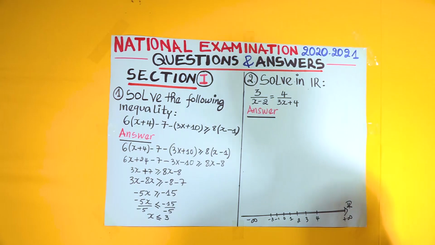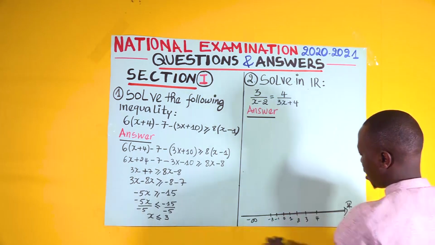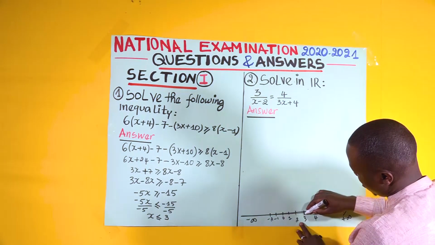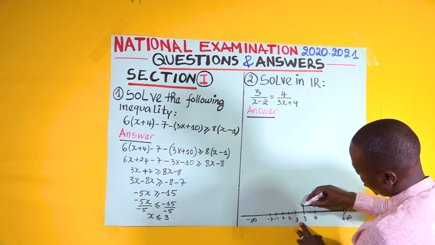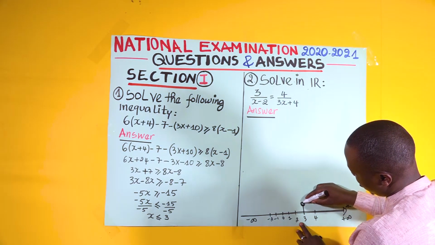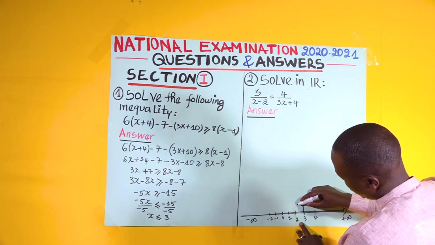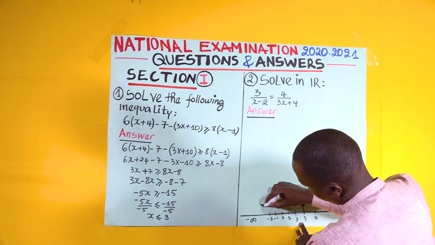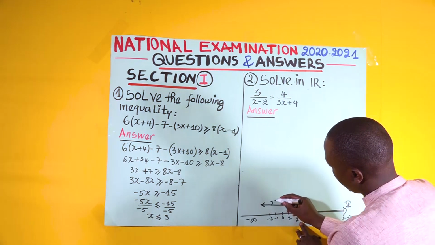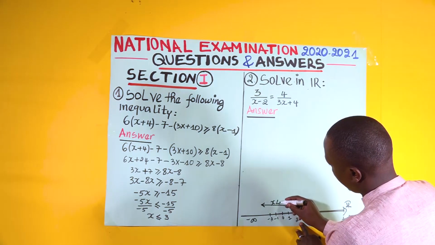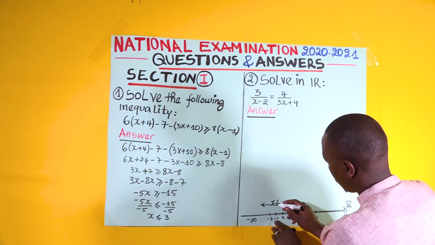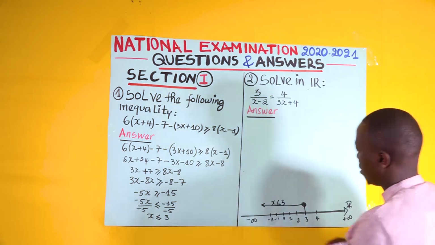Let us take the numbers that are less than 3. Numbers that are less than 3, they are here. And also 3 is included. So x are numbers that are less than or equal to how much? 3.